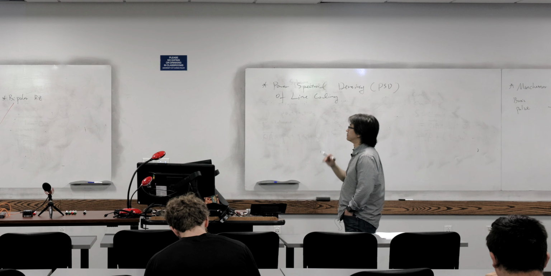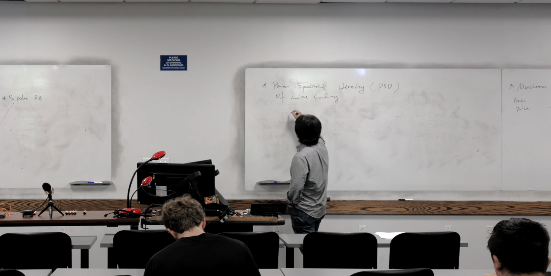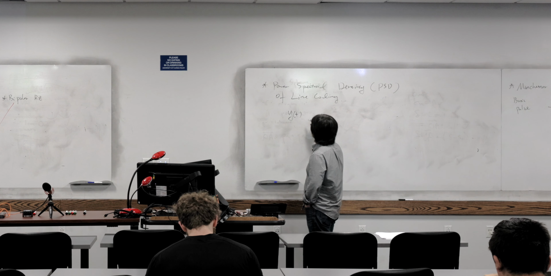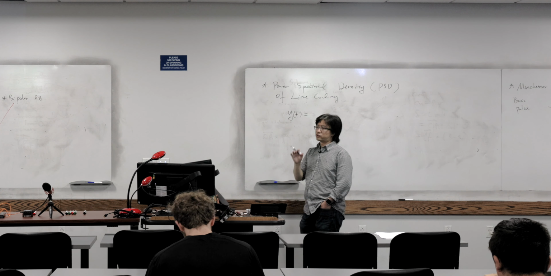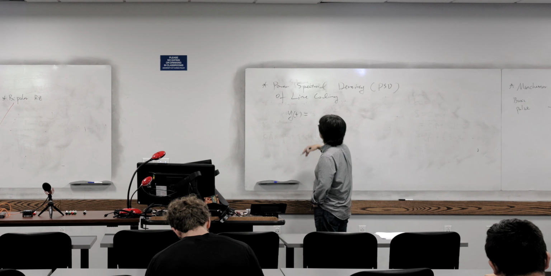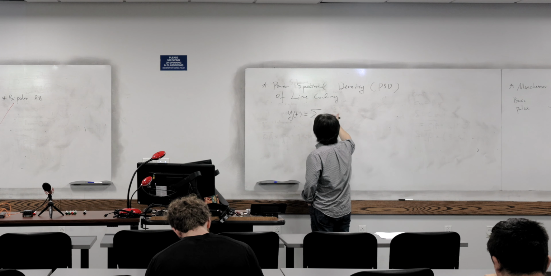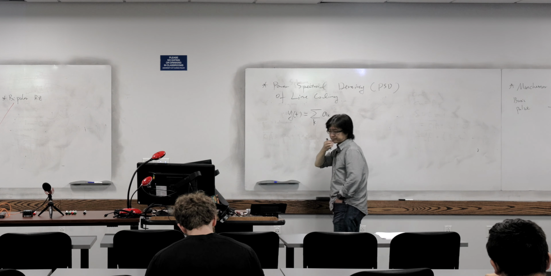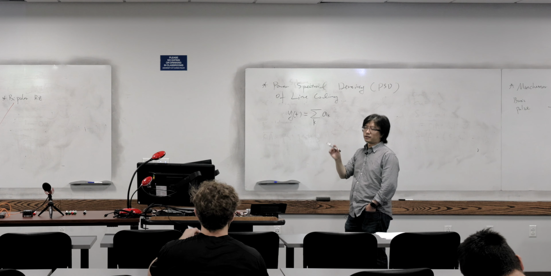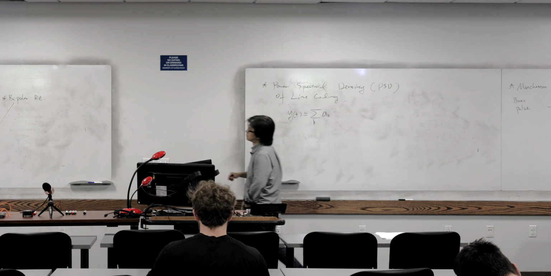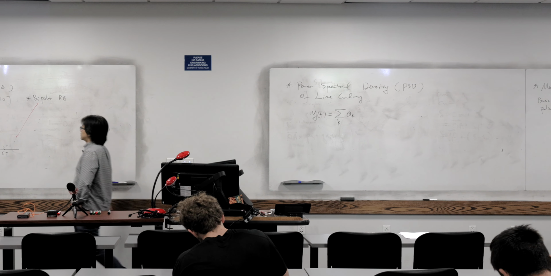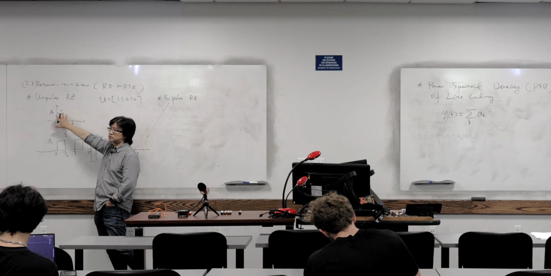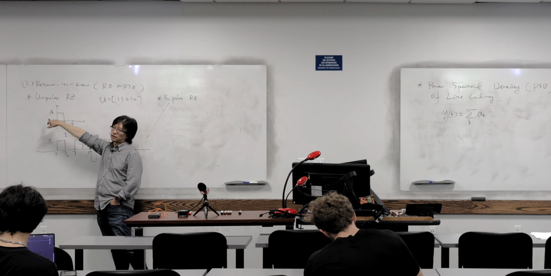Let's see how we can compute that. Before computing the power spectral density, we need to write down what the transmitted signal looks like. Let's say our transmit signal is AK, and then we need to use a pulse to modulate on the AK.